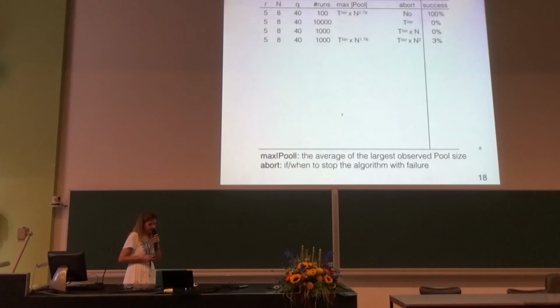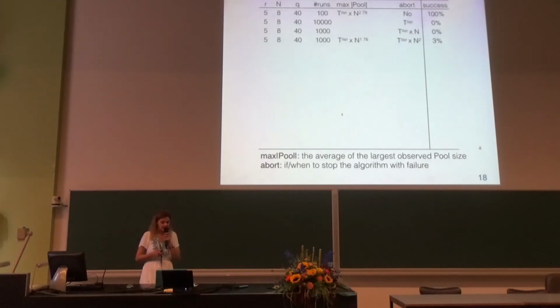And for this one, I'd like to show you that we can use an abort strategy, which means that we want to abort when the theoretical limit, or some limit that I will define, was reached. So the first row that I'm showing you uses no abort strategy, which means that we will never abort, we will just let the algorithm run as it is, and we get 100% of success.